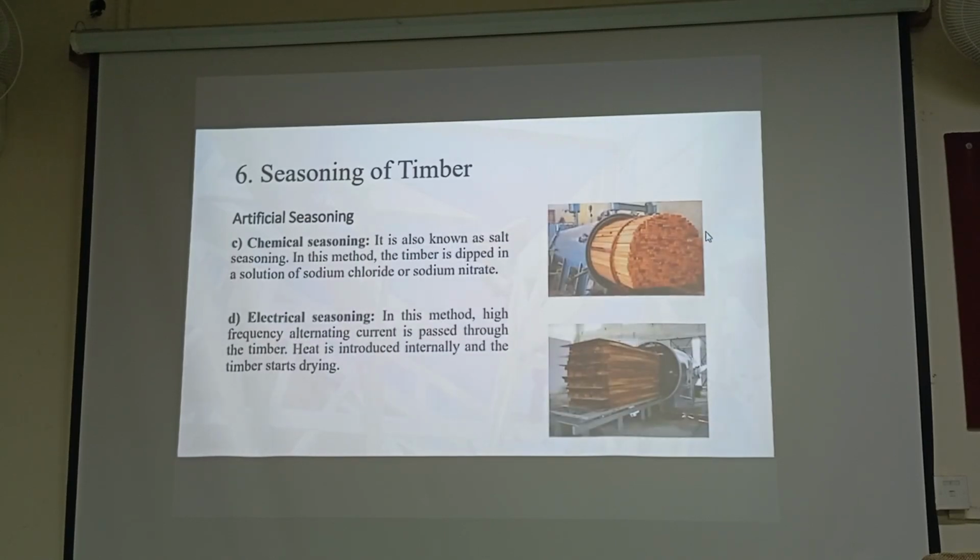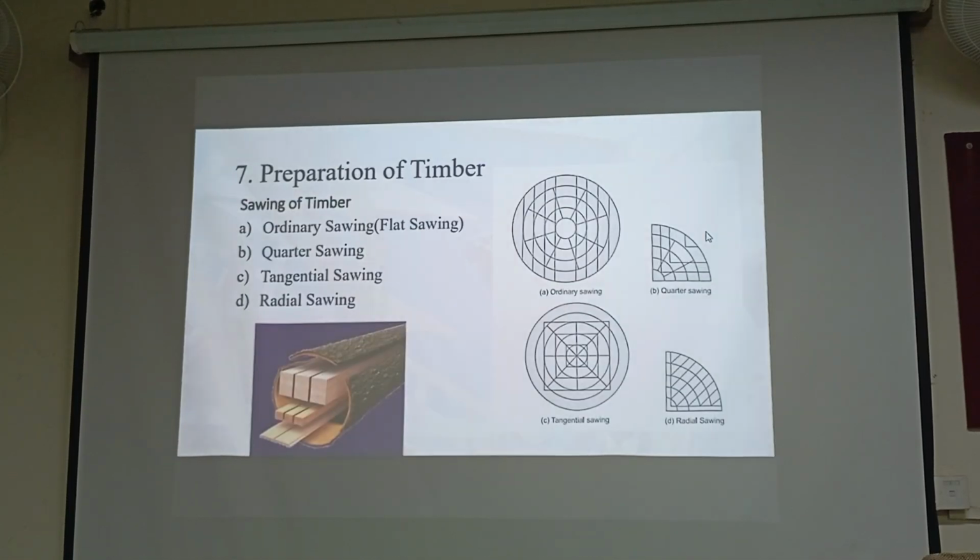In chemical seasoning, the logs are kept together in a solution of sodium chloride or sodium nitrate, and then they are seasoned. In electrical seasoning, alternating or high frequency current is passed through the timbers and heat is introduced internally, and the timbers start drying and get seasoned fast. So in most industrial processes, woods used in industrial construction go through electrical seasoning.